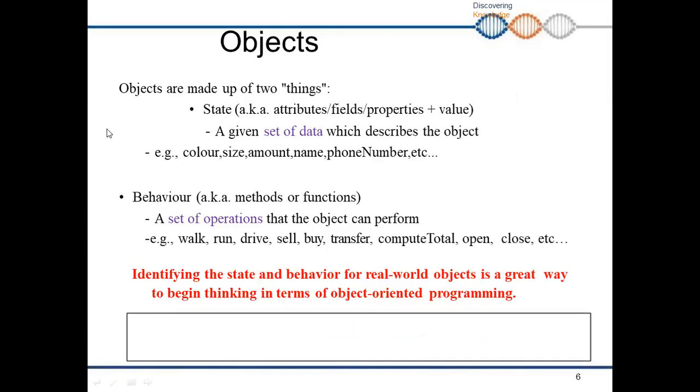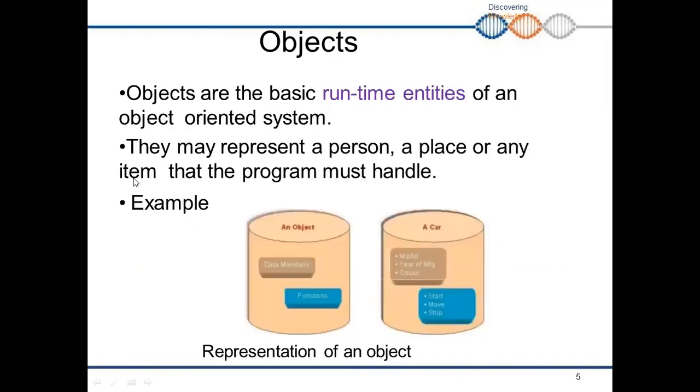As we studied in the previous slide, objects are made up of two things, state and behavior. State is basically a set of data which describes our object. Model, year of manufacture, color, define a car.